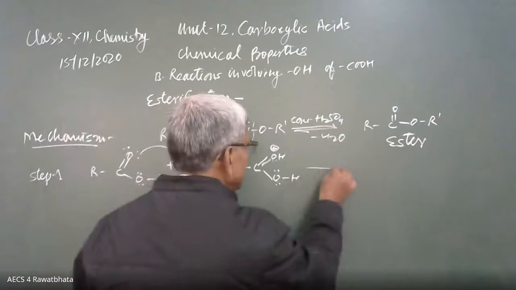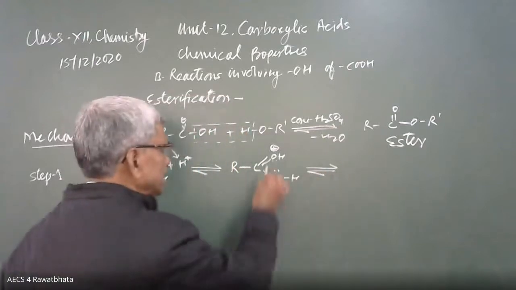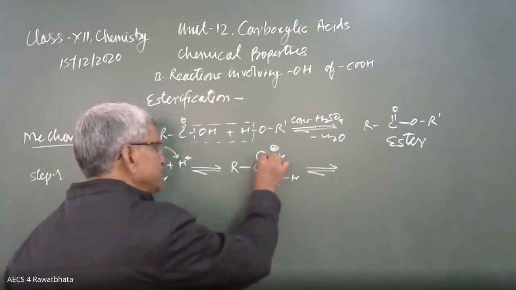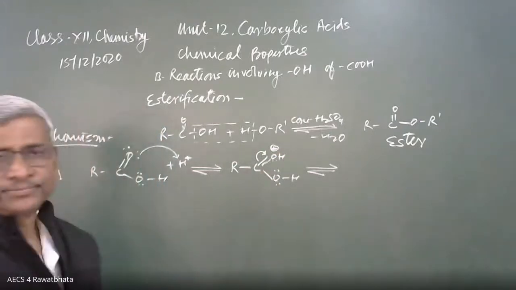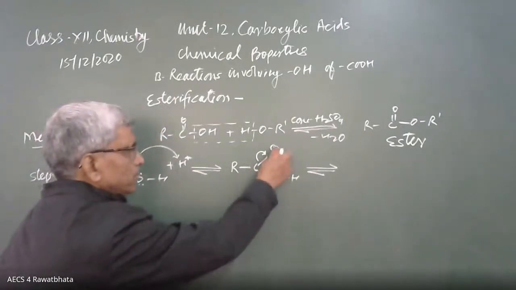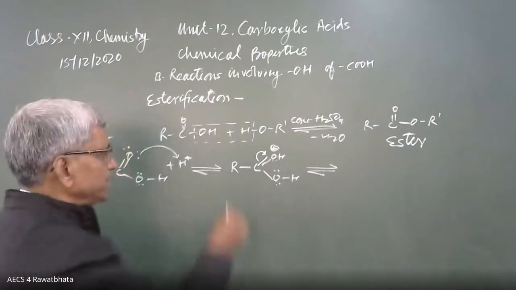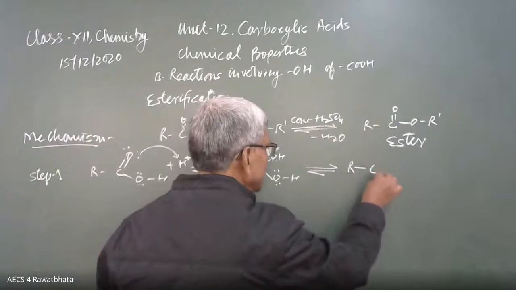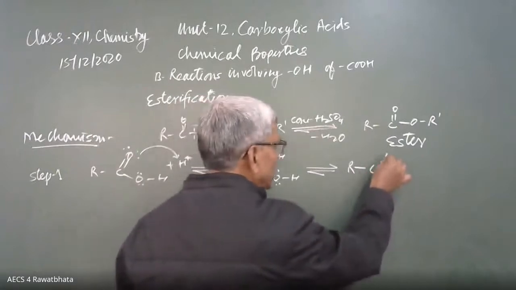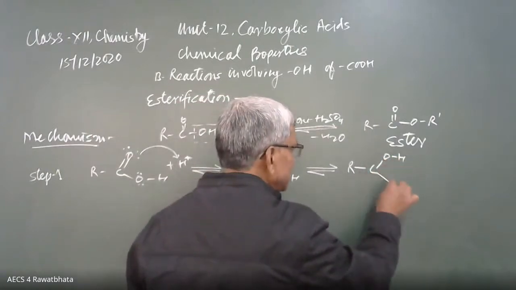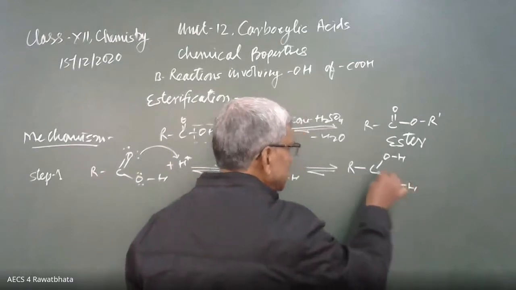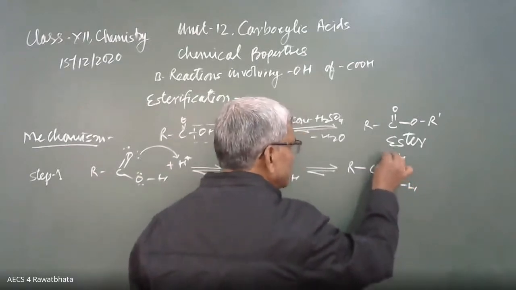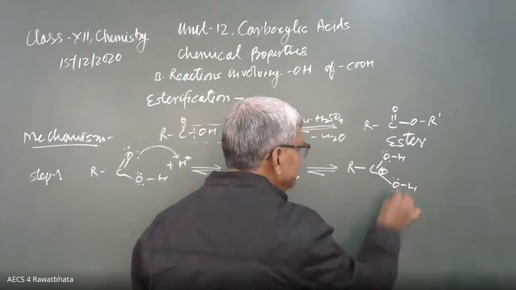Here the pi electrons shift towards oxygen, which has a positive charge. That's why the pi electron shifted towards oxygen and forms another intermediate. It is R, C, OH, and here is O bond H, and the positive charge is like that.